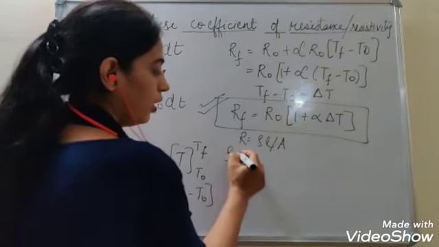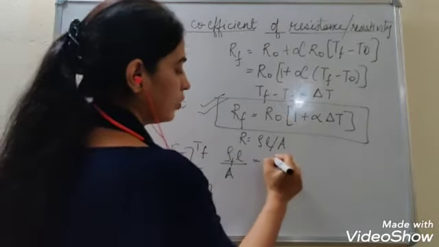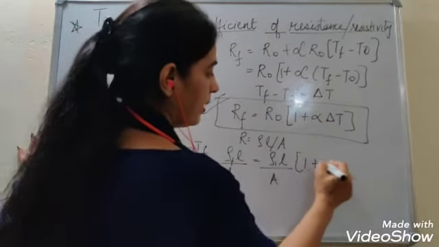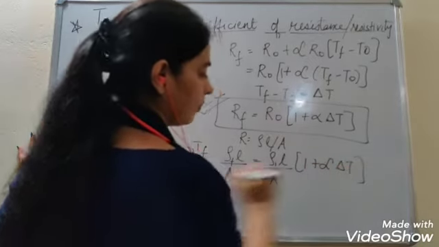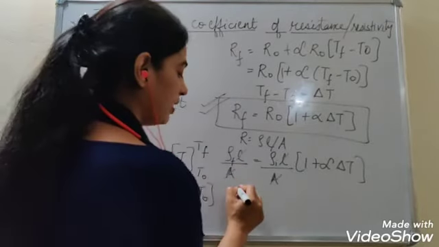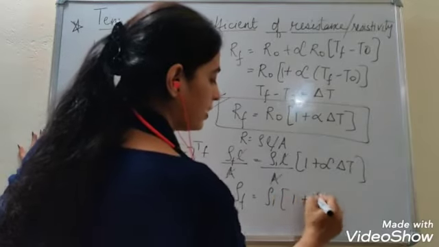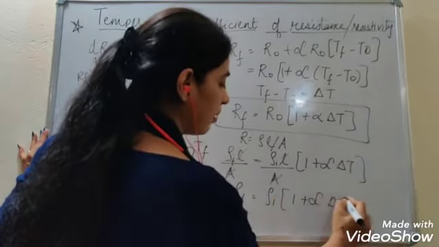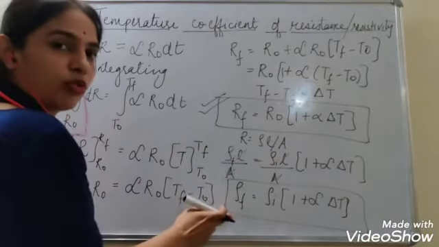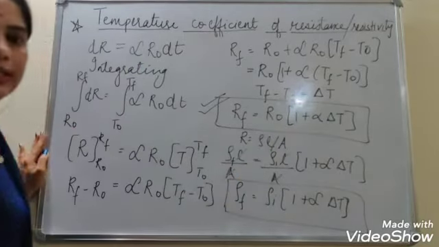So rho final L by A is equal to rho initial L by A into 1 plus alpha delta T. With length and cross-sectional area remaining the same, we get rho final is equal to rho initial into 1 plus alpha delta T. This is easy to remember because it's the same for resistance. Either you remember it for resistance or for resistivity. R final is R initial into 1 plus alpha delta T.